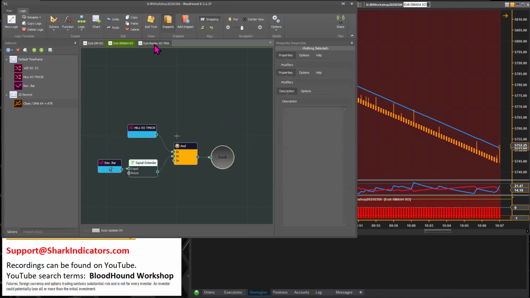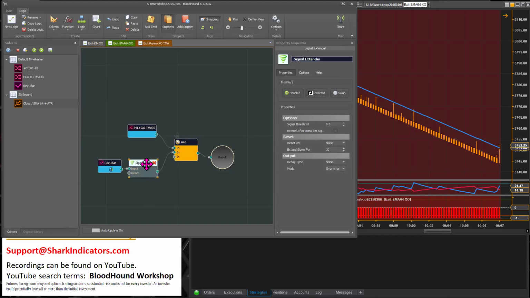Hopefully, when I was explaining the last question here, I did dive into the AND node logic a little bit to explain why we had to invert the signal extender.